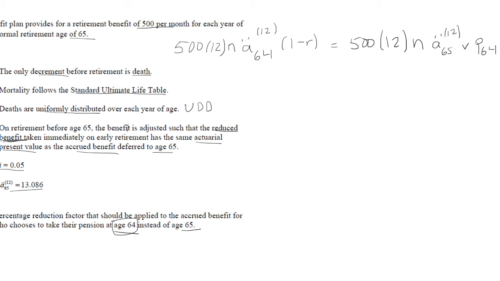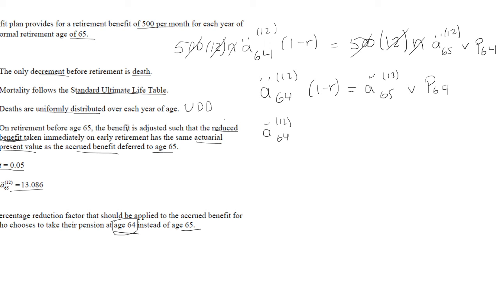Now both sides of the equation have 12 factors, so those cancel, and they also have factors of N. So we have the annuity multiplied by 1 minus R, and then we have this on the right side. We can solve for the annuity due at age 64 by using the UDD.